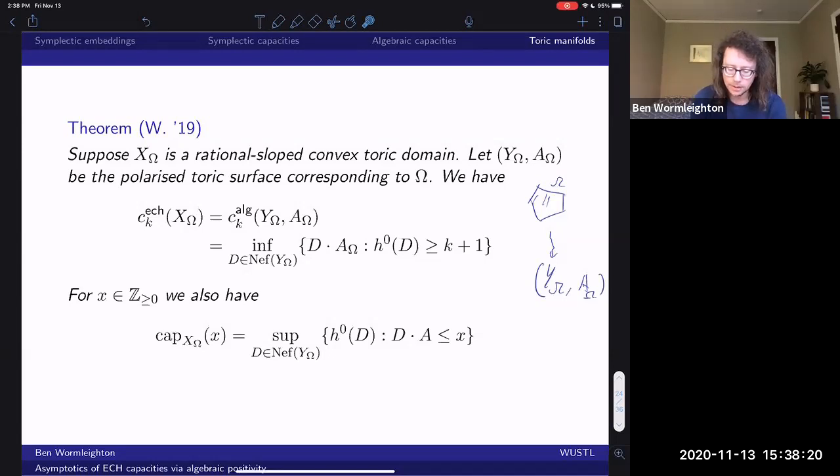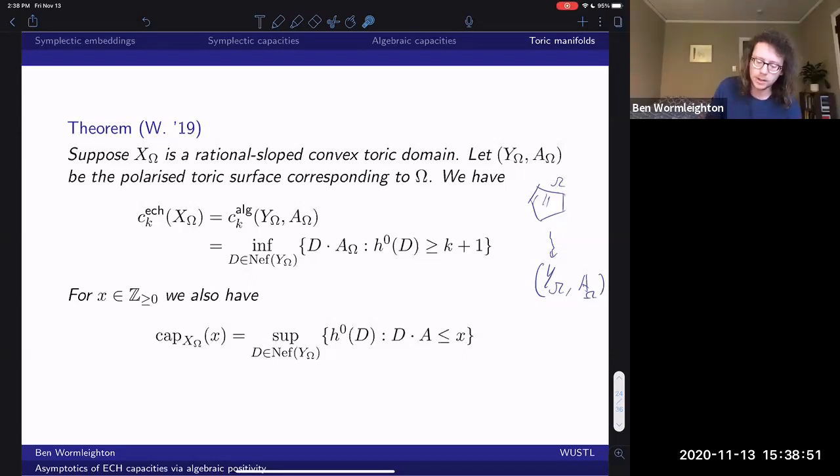There's a very nice vanishing theorem due to de Maizière, which says that for nef divisors on toric varieties we don't have to worry about the higher cohomology. So this is really the pure statement that I said before. It gives that c_k^ECH is exactly the infimum over the A_Ω area of D, subject to moduli being big enough, subject to global sections of D being at least k+1.